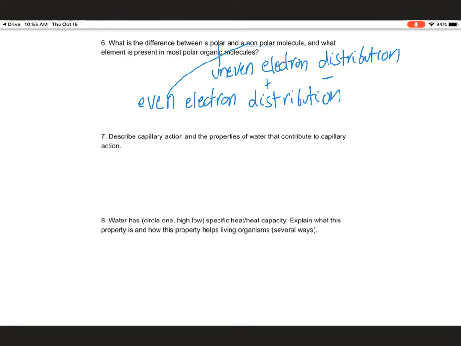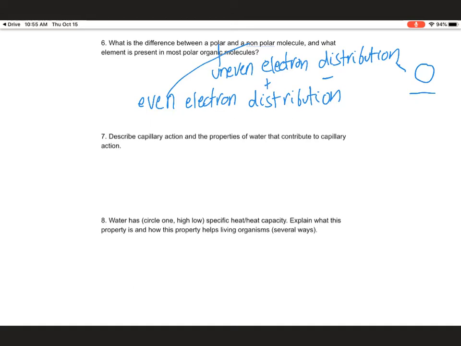They're kind of the same charge all the way around. The element that is present in most polar organic molecules is oxygen, because oxygen is very electronegative, and so it tends to pull those electrons to itself. Particularly if you have a smaller molecule with oxygen, you're definitely looking at something polar.